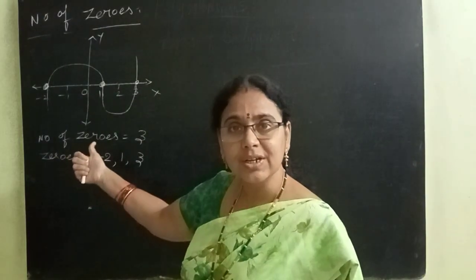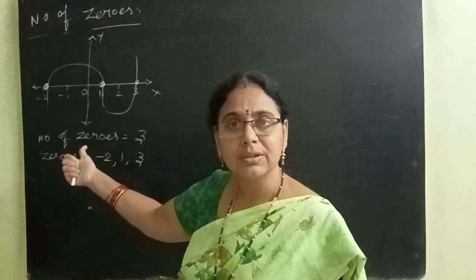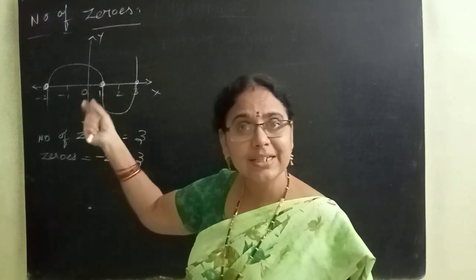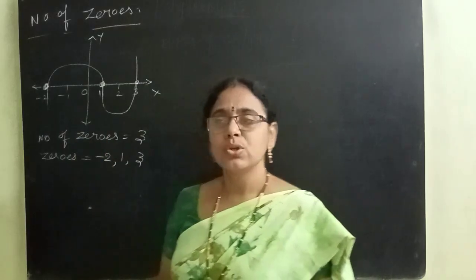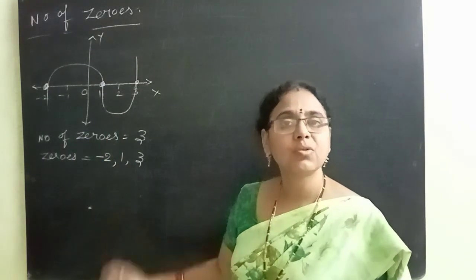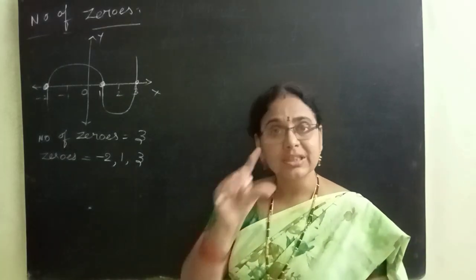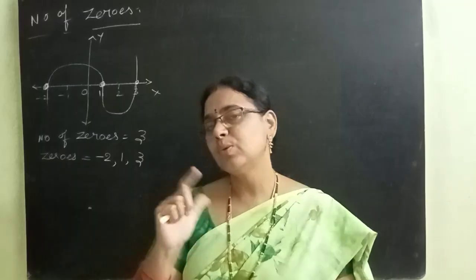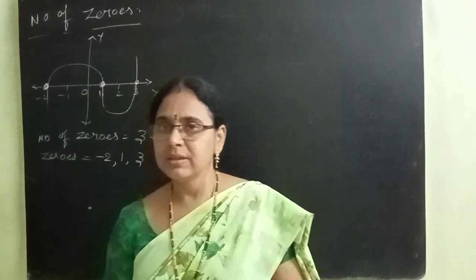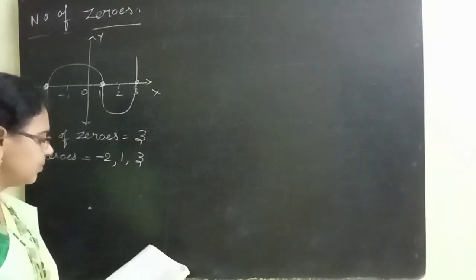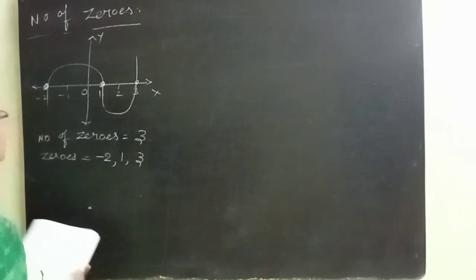Here degree is 3, so number of zeros are 3. By seeing on x-axis at which point it is intersecting, they are the zeros. So negative 2 is one zero, 1 is the second zero and 3 is the third zero. If you substitute these three in that polynomial, you will get the answer as 0. Clear? These also come very regularly as multiple choice questions.